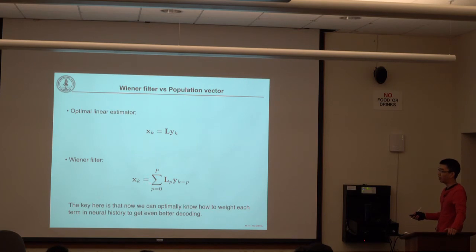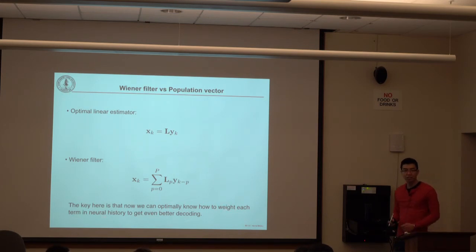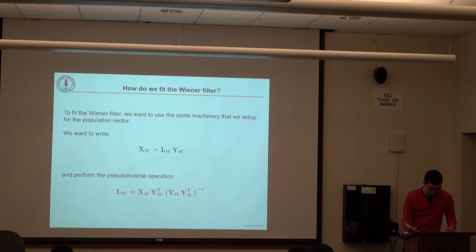All we're doing is writing exactly what I said before: for p equals 0, we have L0 times yk; for p equals 1, we have L1 times yk minus 1, etc. The key is that when we formulate the problem this way, as opposed to just smoothing the neural data, we can now optimally weight each term in the neural history to get even better decoding.